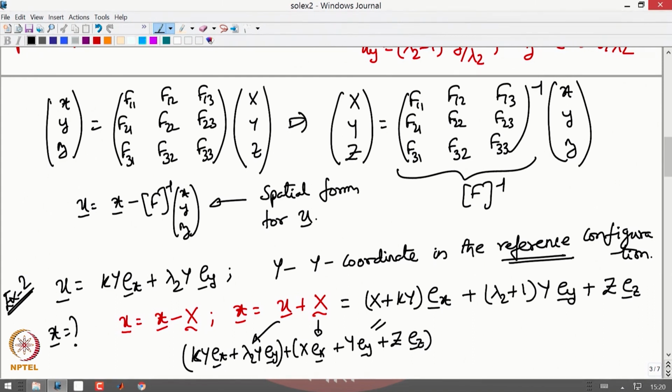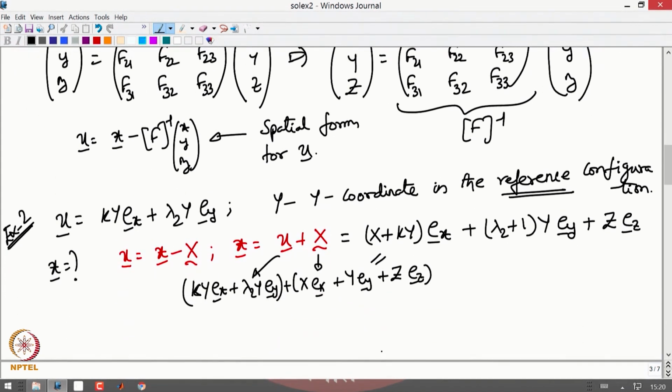Now, say I want to represent this u in terms of the spatial form, then what should I do?